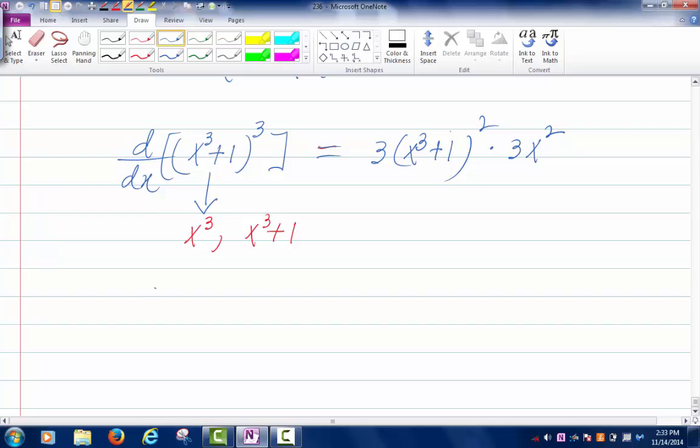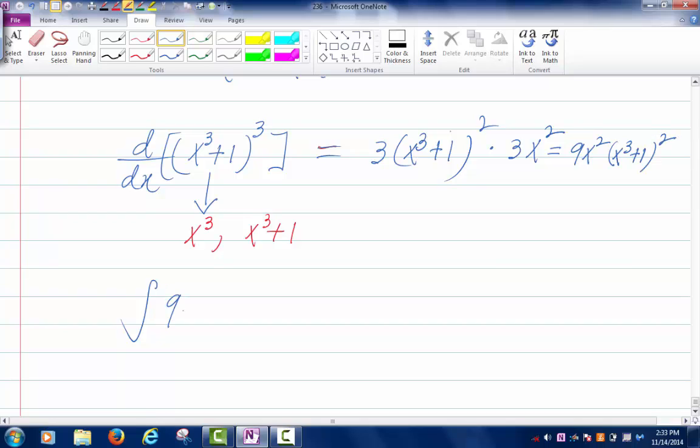It would mean that I have to start with something like, which is equal to what? This is equal to 9x squared multiplied with x cubed plus 1 to the 2.